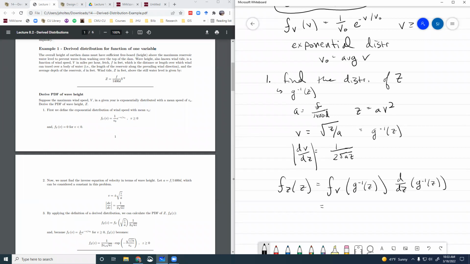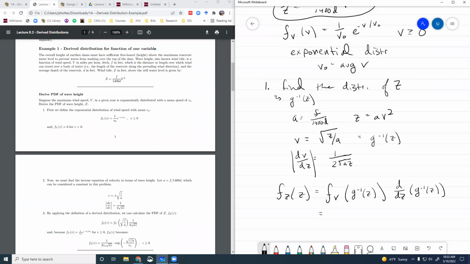So we go back up to our exponential distribution, which is right up there. We get e to the, now we're going to plug in whenever we have a v, right? So v is equal to this.